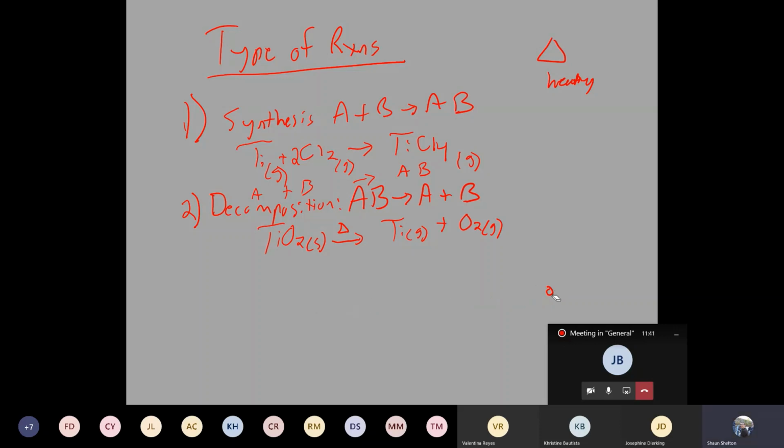And what happens to soft drinks as you leave them open? They go flat. What happens here is the carbonic acid breaks down to water and releases CO2 gas. So this would be an example of AB yielding A plus B.